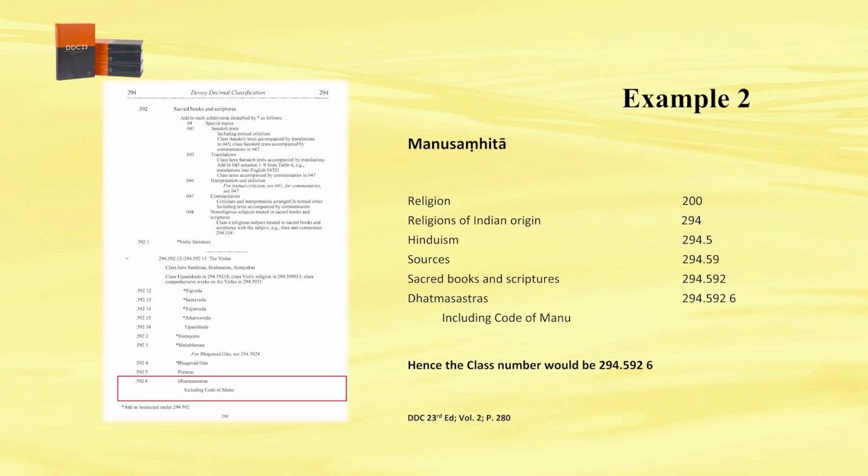The number is 294.5926. You can find it on page number 280 of volume 2. So this is also a direct number, a simpler one.